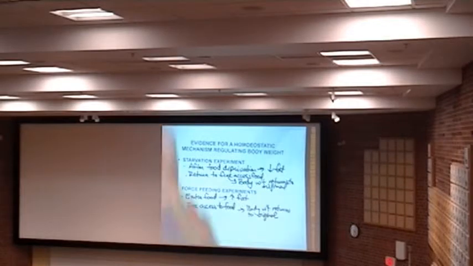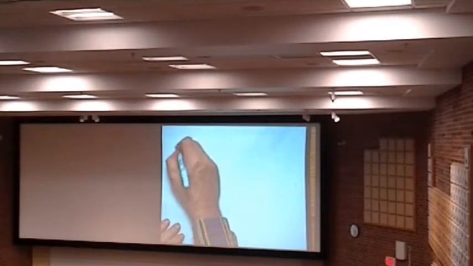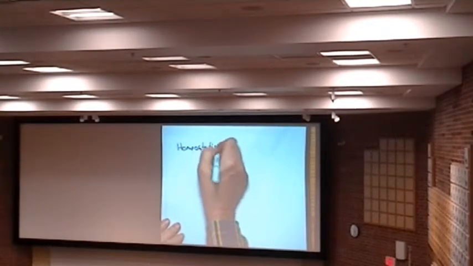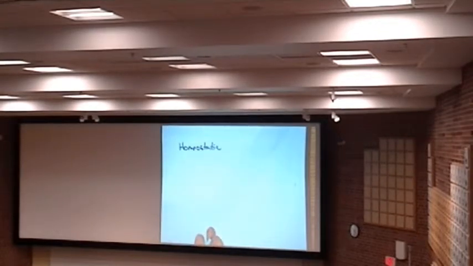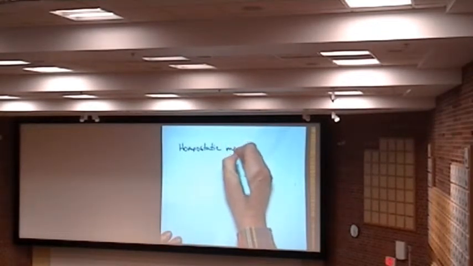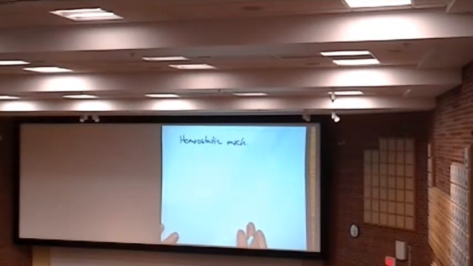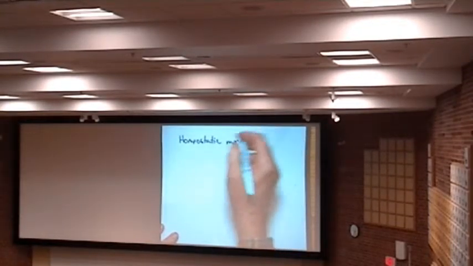So, in some way, there must be a homeostatic mechanism that regulates body weight by doing several things. What are the effectors? What could these homeostatic mechanisms be doing?